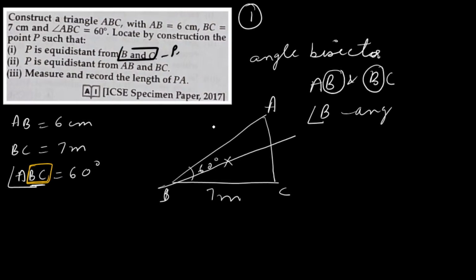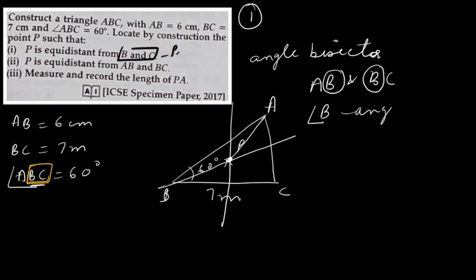So draw the perpendicular bisector of BC, and then the angle bisector of B. Both intersect at one point. You can name that point as P, because P is equidistant from B and C and it is equidistant from AB and BC. Then they are telling to measure and record the length of PA. You can just join AP and measure its length.